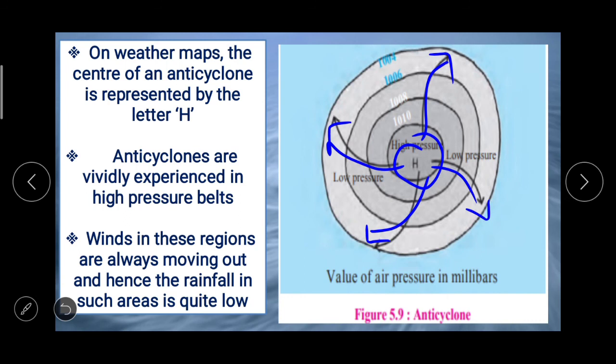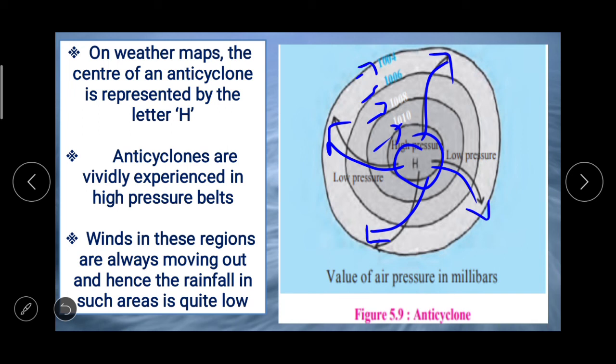Value of air pressure in millibars, this one, this one. Anticyclones are vividly experienced in high pressure belts. Winds in these regions are always moving out, and hence the rainfall in such areas is quite low.